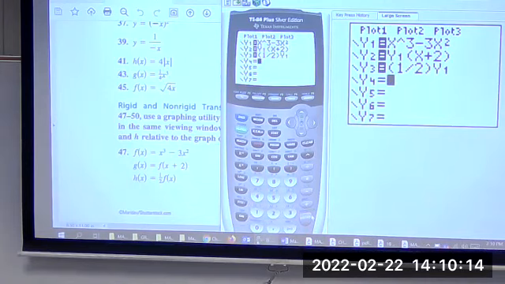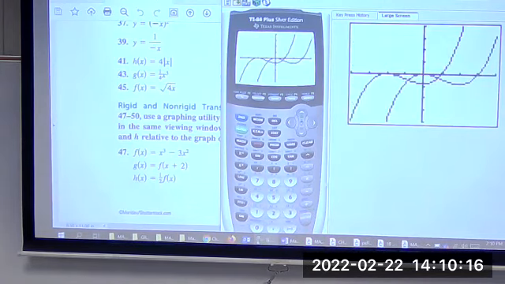So it's 1/2 of y sub 1. And that's going to flatten it out. It's going to be a lot wider than the original. Squishy. So I don't have to type in all that stuff or work it out algebraically. It's a nice little shortcut. So that's how you should do 49.